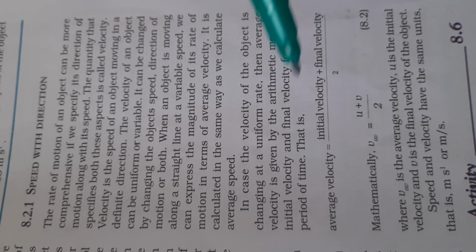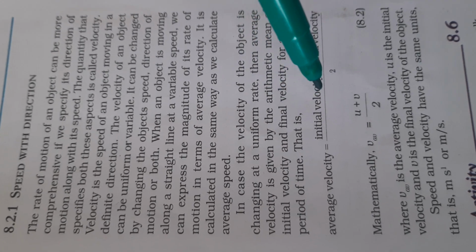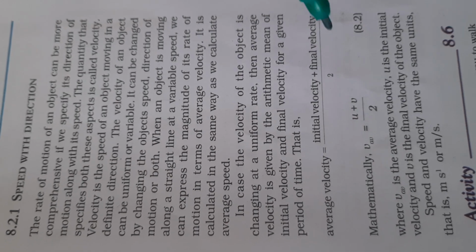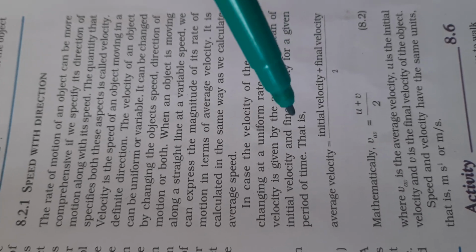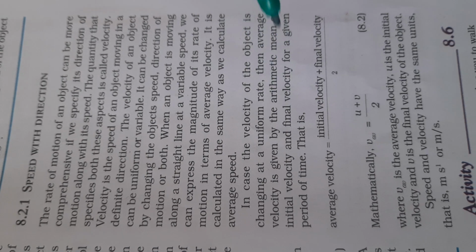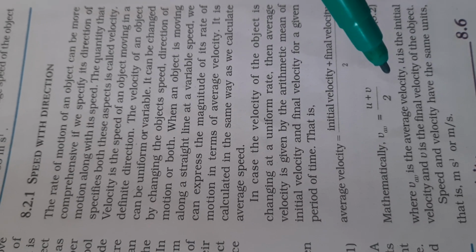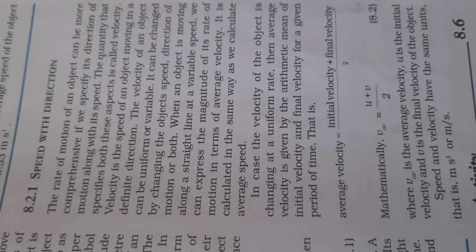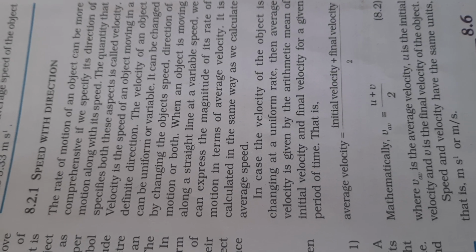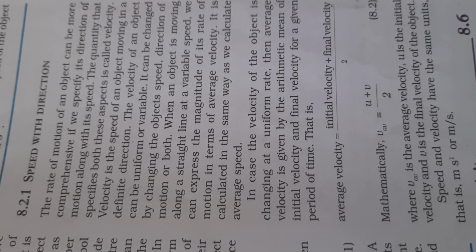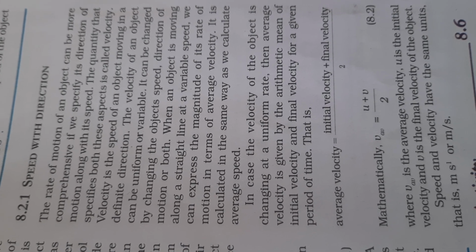We also studied what is average velocity. It is initial velocity, that is the starting velocity, and then with what velocity it moves before it stops, that is the final velocity. Average velocity is initial velocity plus final velocity divided by 2. As I said in the last class, in the equations of motion which you have studied in 8th class, v is equal to u plus at, s is equal to ut plus half at square, v square minus u square is equal to 2as.